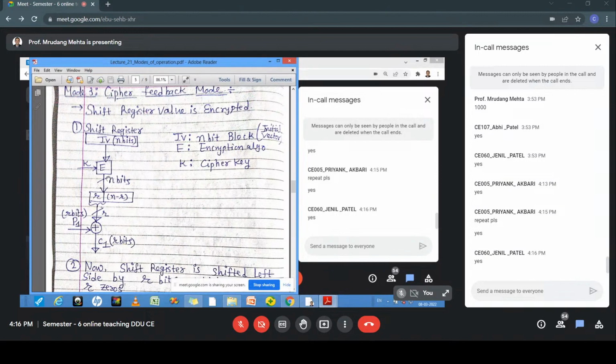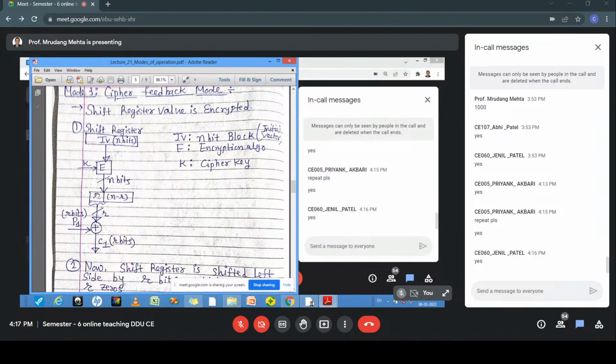Now these n bits are divided into two sections. The first section is r bits. Suppose n equals 64, but our plain text is 8 bits. So 8 bits are taken from this 64, and 64 minus 8, that is 56 bits, is n minus r.